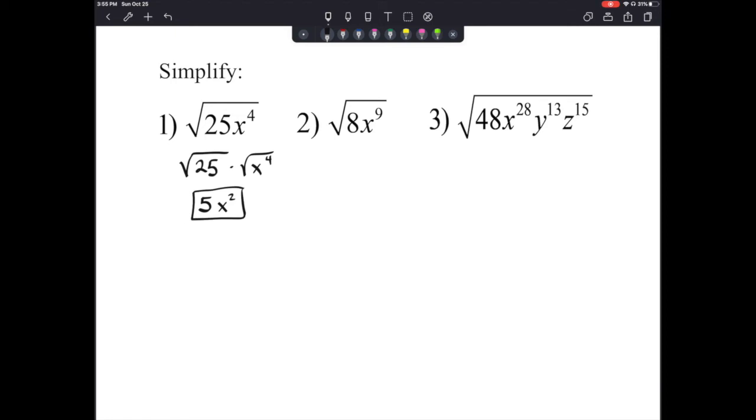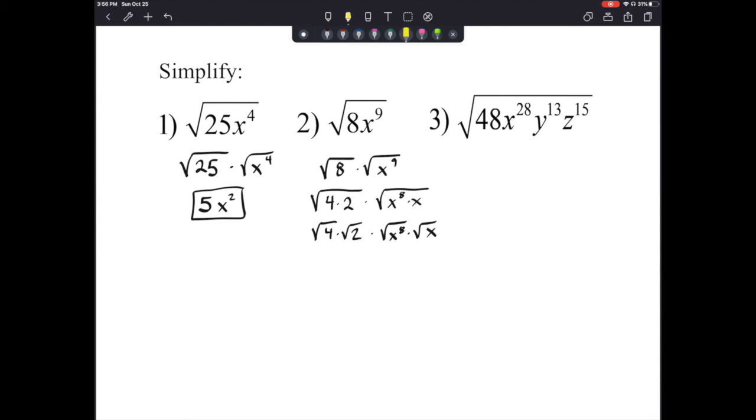The next one, the square root of 8x to the 9th. Let's take the square root of 8 times the square root of x to the 9th. 8 breaks into the square root of 4 times 2. X to the 9th should break into the square root of x to the 8th times x. In which case, you don't have to show every one of these steps. I'm just doing it to make sure that anybody who's struggling can follow along.